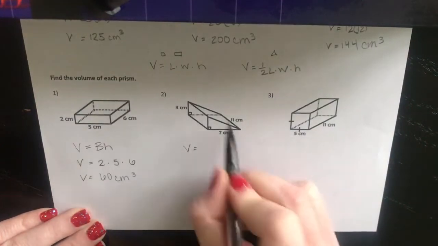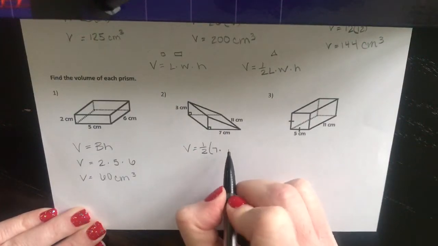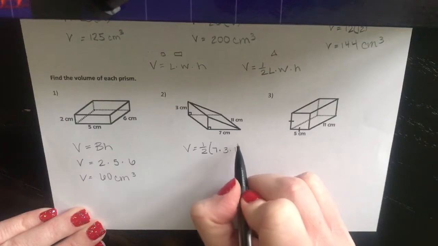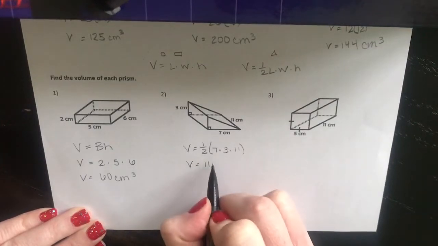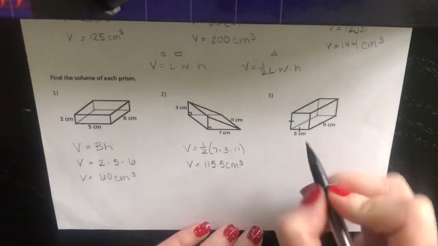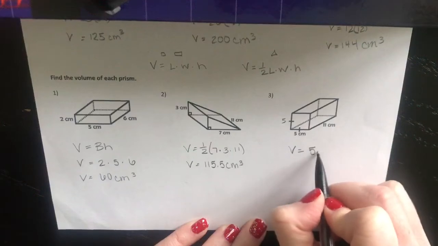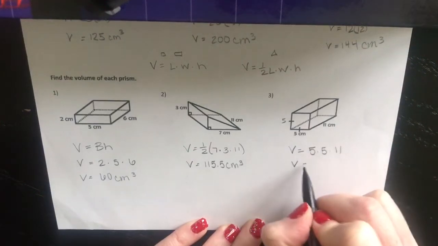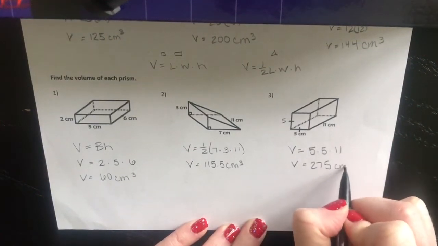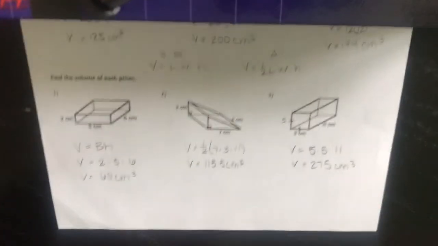If you're dealing with a triangle, 1/2 length times width times height. It really doesn't matter what order you put those three numbers in because we're just multiplying them all together. And then finally, these two lines here mean this is both 5. Volume equals length times width times height. So you can always use length times width times height and 1/2 length times width times height for those shapes. Okay?